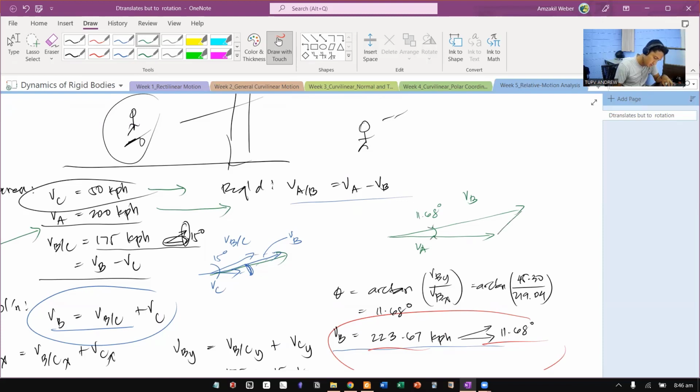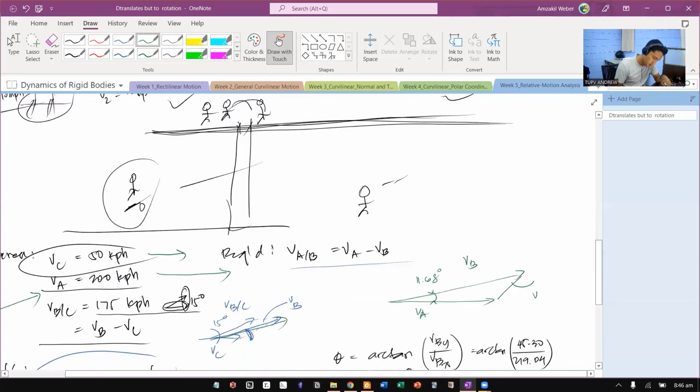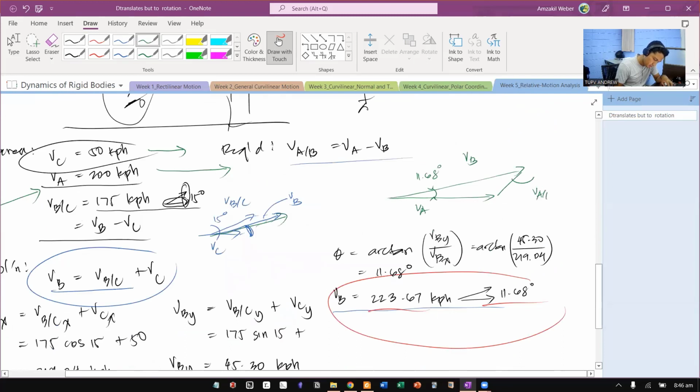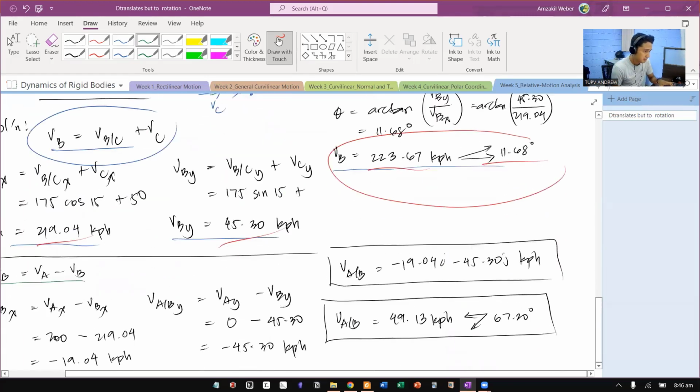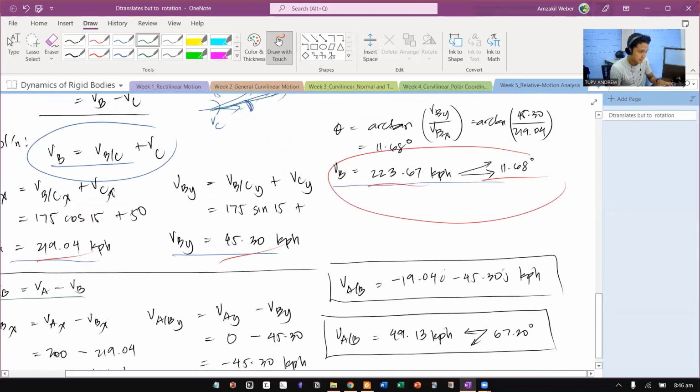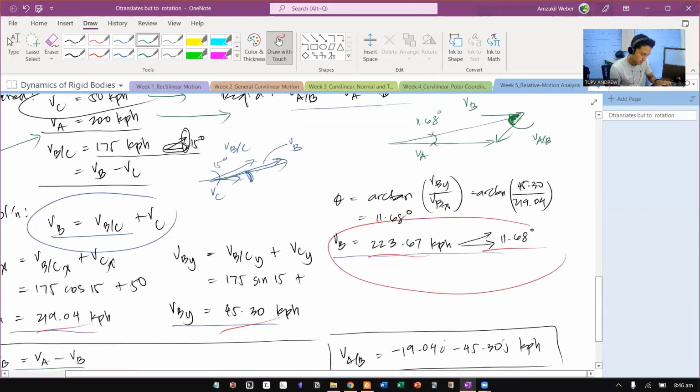So this is VA/B. VA/B means the arrow originates from the head of B. That's why the final angle is this, which is 67.20 degrees. A/B means the arrow originates from the head of B.